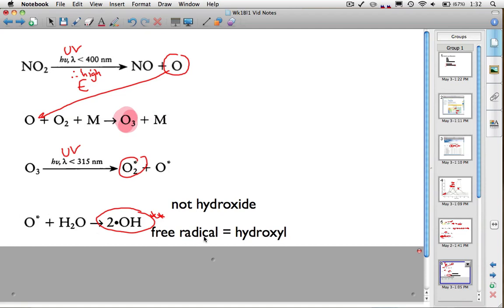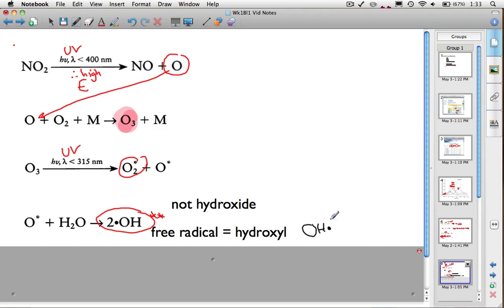Just so we're clear, it's making 2 of these things, so hydroxyl itself doesn't have the 2 in front of it. It's just OH with this little dot to show that there's an unpaired electron there. So OH with the dot, hydroxyl, is important because it's highly, highly reactive.